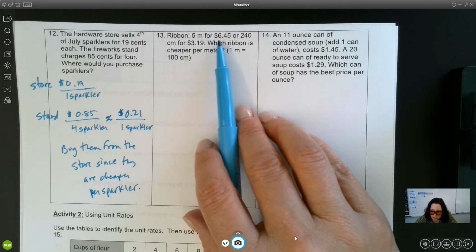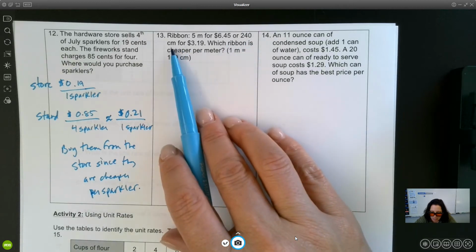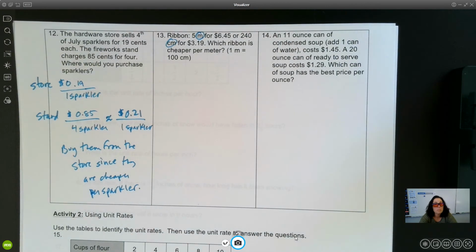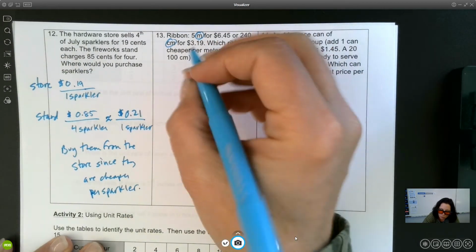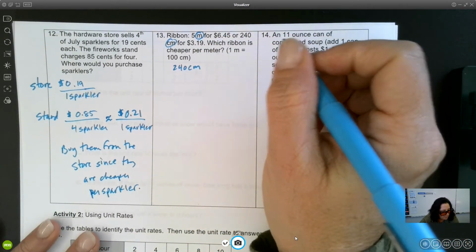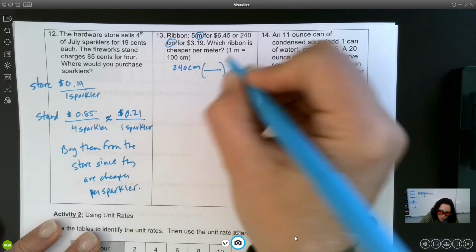We've got 5 meters for $6.45, or we've got 240 centimeters. Careful, we've got meters and centimeters. We can't compare those. We need to convert one of them. So I'm going to take this 240 centimeters and I'm going to divide it. I'm going to think about the conversion for that.